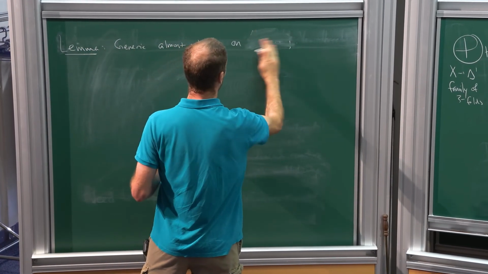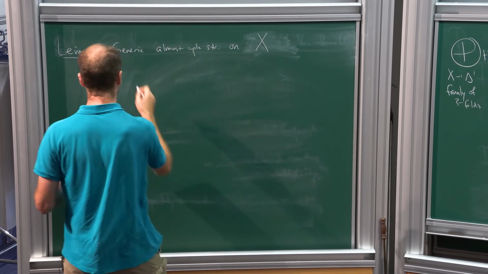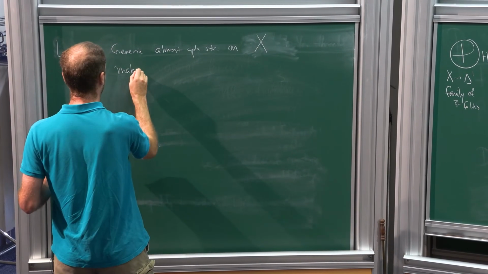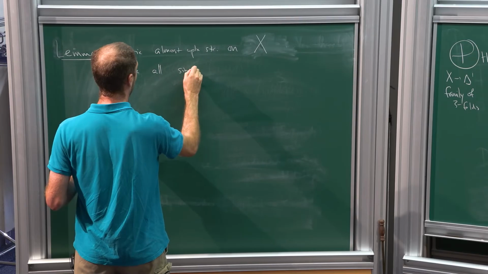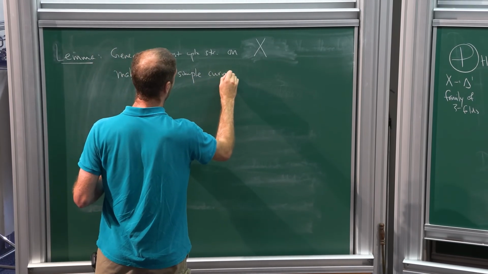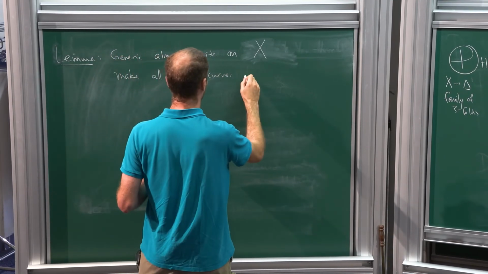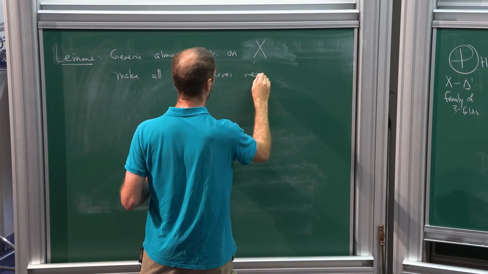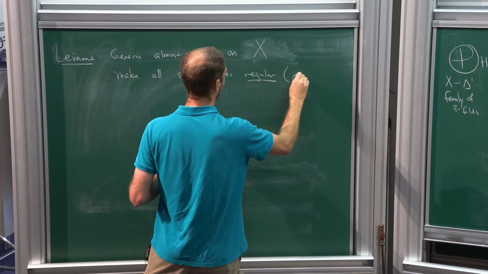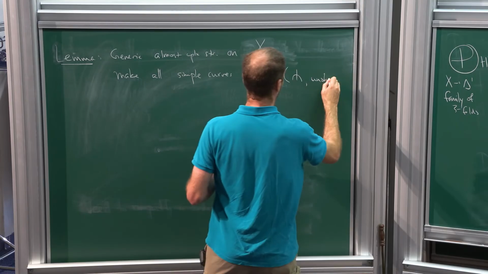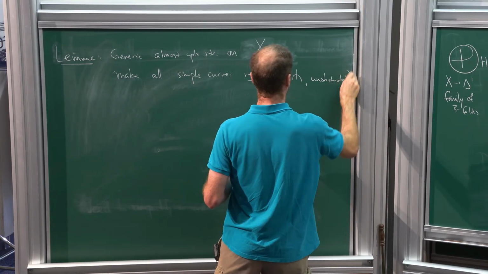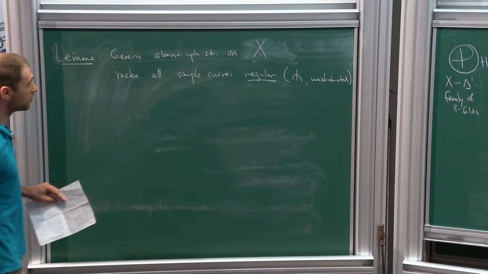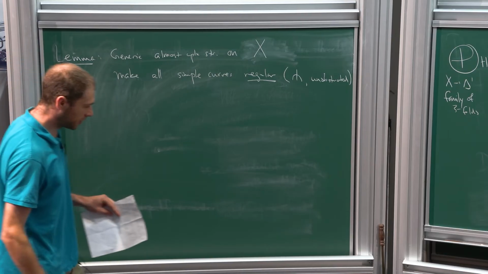Well, it doesn't even need to be symplectic, just any manifold at all. Regular is also known as transverse or unobstructed. So the deformation problem is unobstructed, and the moduli space is smooth for a generic almost complex structure.